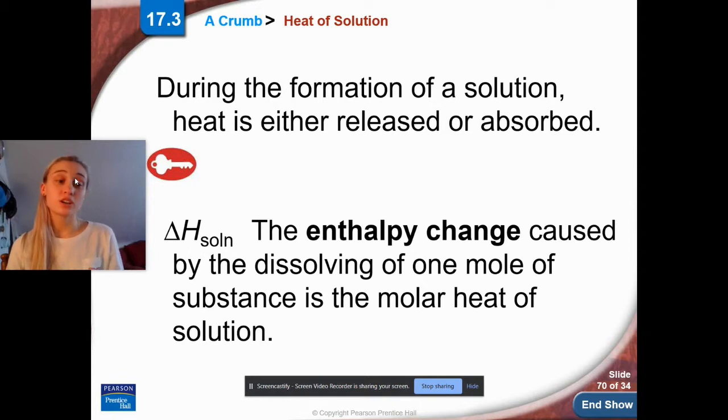And when you dissolve something into the solvent, it either requires heat or releases heat. So that's just another definition. I'll give you a second to pause the video and write these definitions down, and then we'll continue.